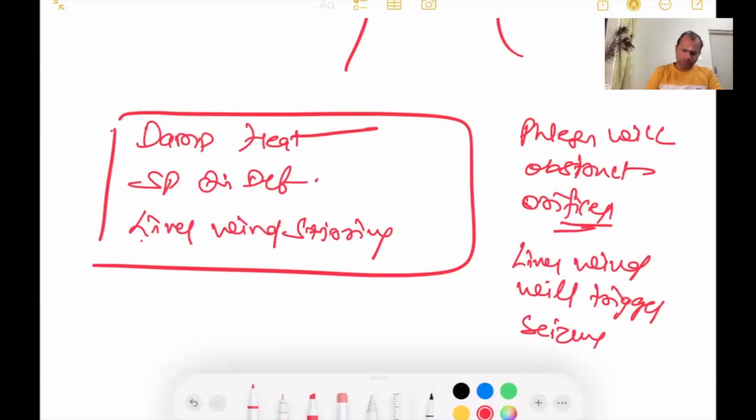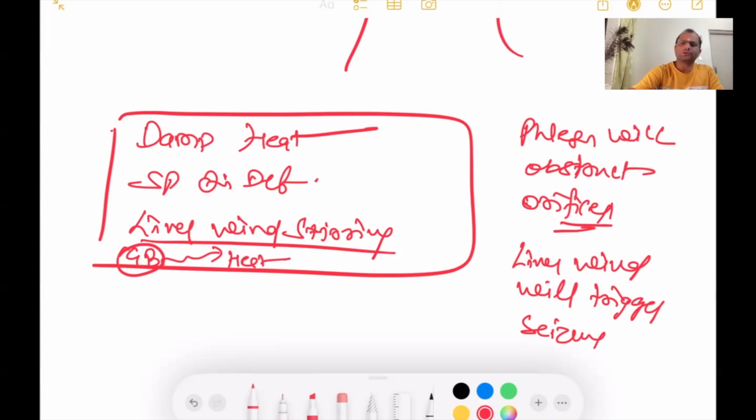So there is liver wind stirring. We can even tell gallbladder is also showing some heat. Ultimately, the main thing is the damp heat, spleen deficiency, and liver wind creating the epileptic attack.